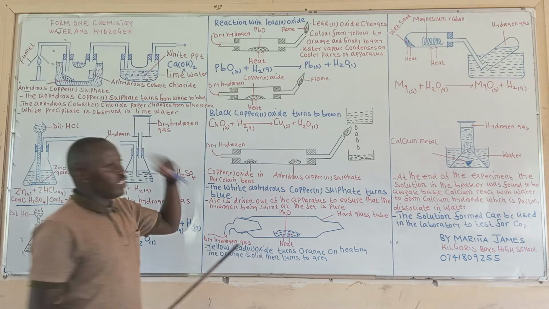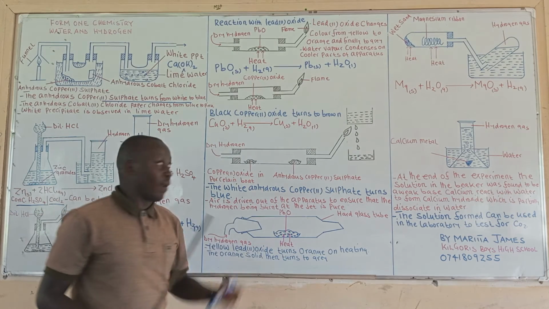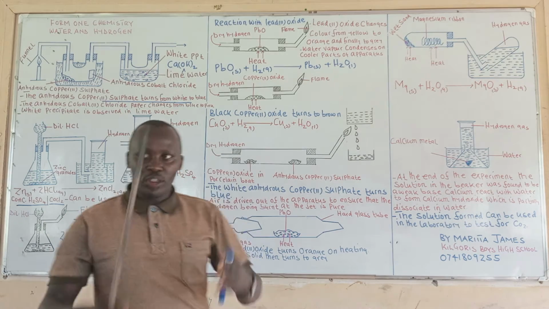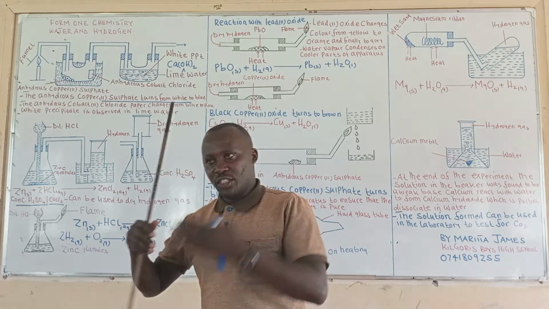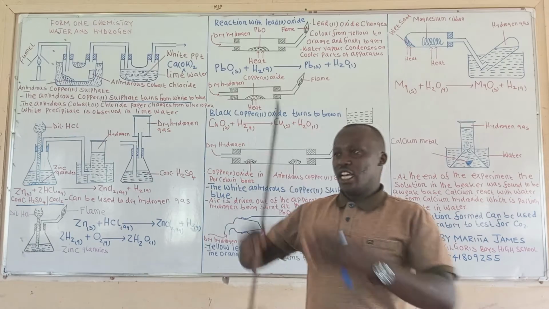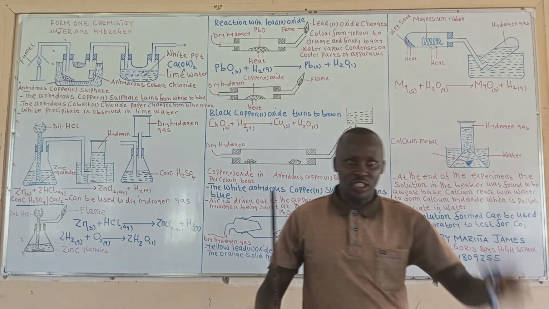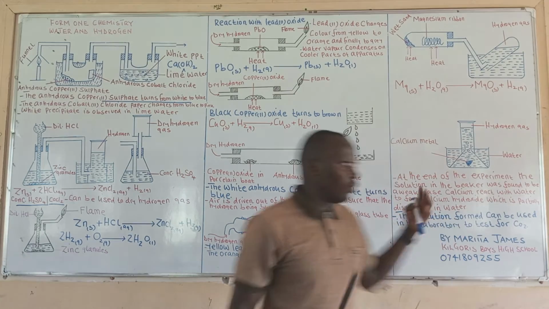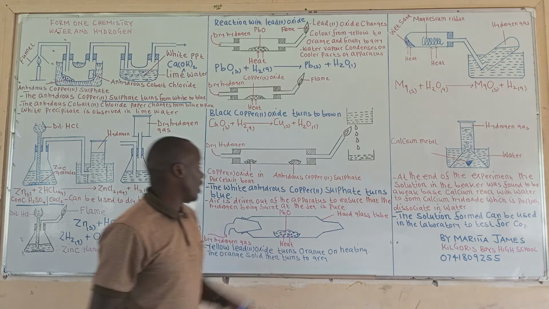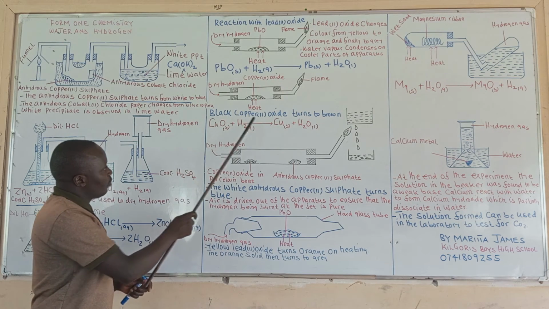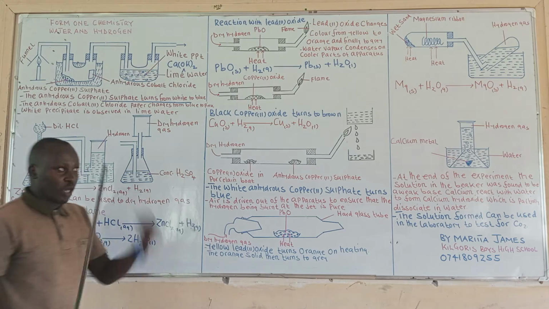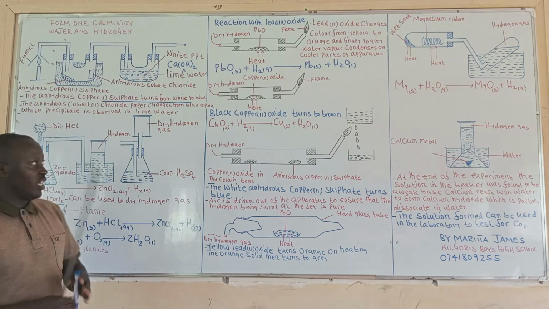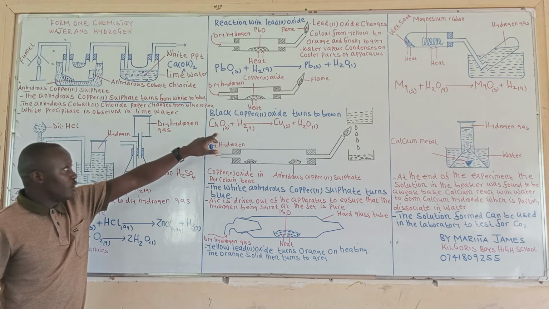So what observation will you make here when you are using copper? In this case, copper oxide is black. So if it reacts with the hydrogen gas, it will change color from a black solid to a brown solid, and of course there is a formation of a colorless liquid. So we have black copper oxide turns to brown. So if you are asked for the equation of the reaction, we just have copper oxide here.